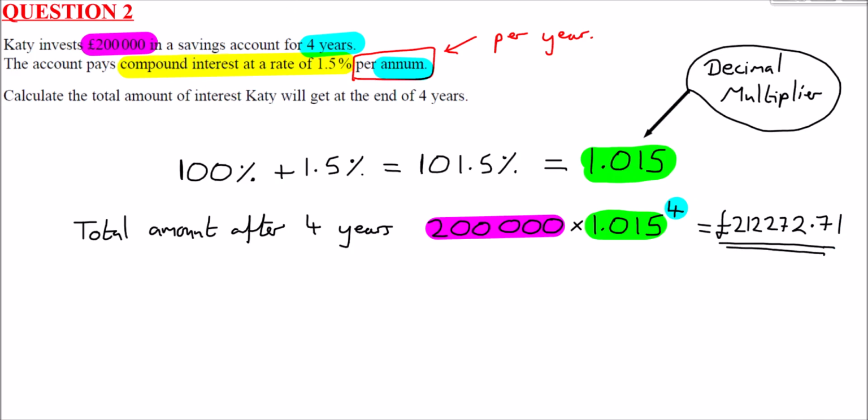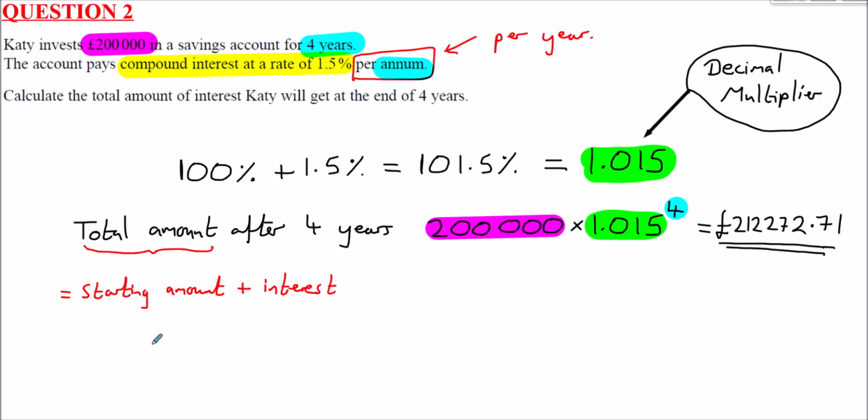Okay, so the total amount after 4 years, that means starting amount plus the interest. The interest is just the difference in between what we end up with and what we started with.